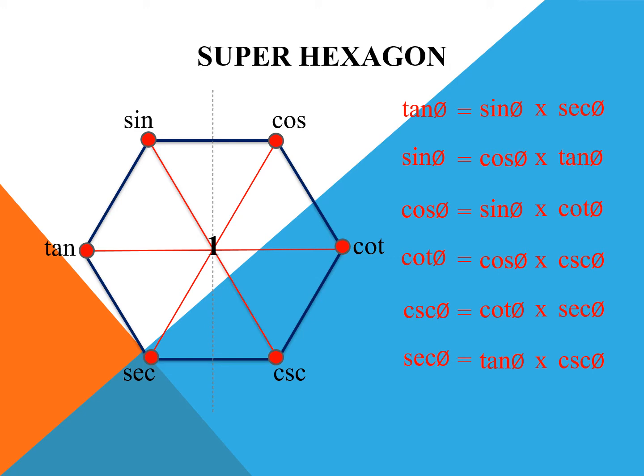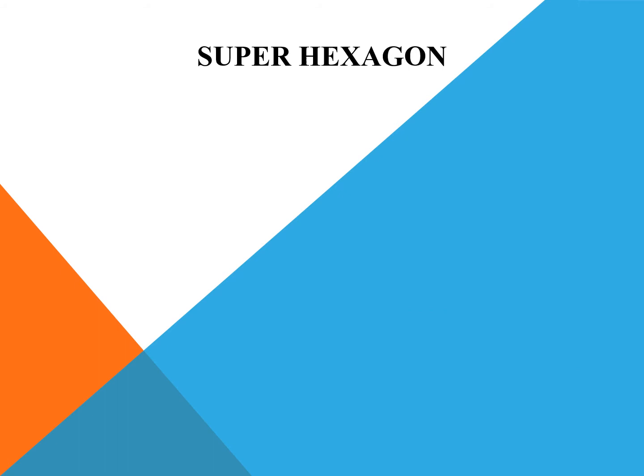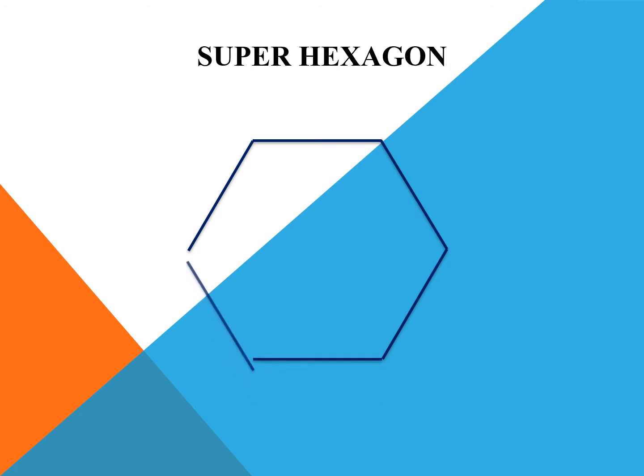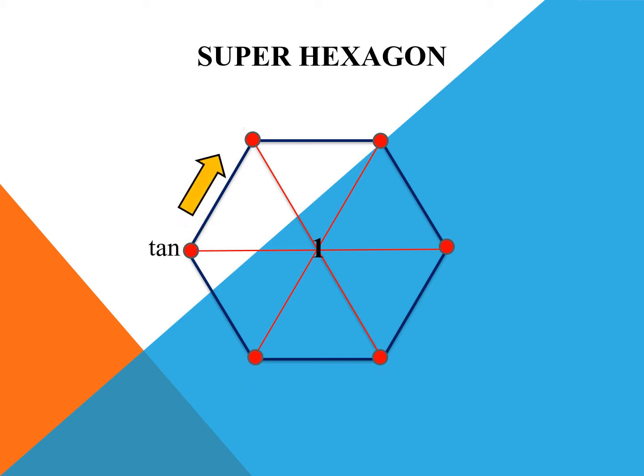But wait, there's more. Again, let us draw the hexagon with 3 diagonals and number 1 in the center. Let us mark the 6 vertices. Start from tangent, sine, cosine.